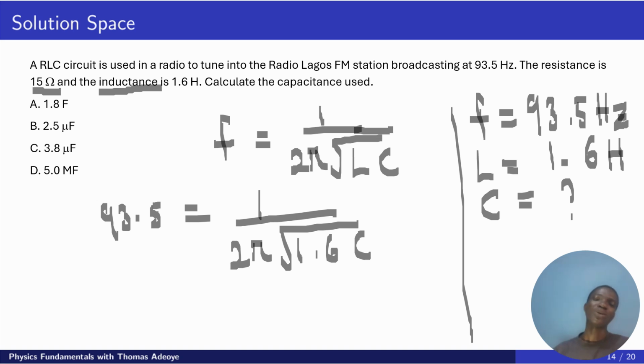Then what can we do? You can cross multiply or square both sides first. Let's square both sides.